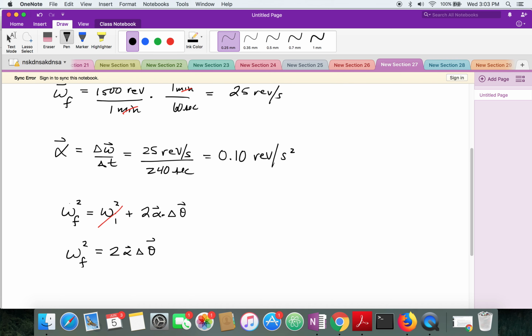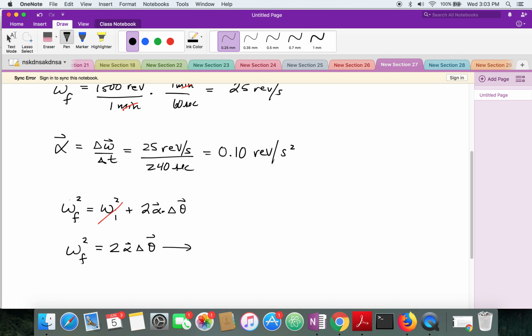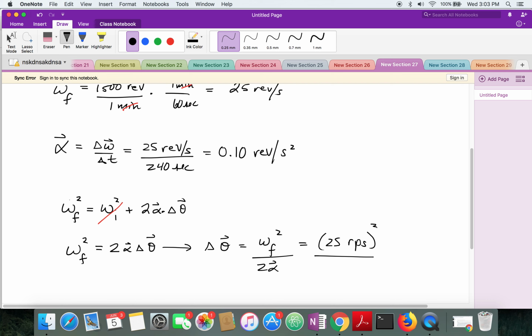We want delta theta. So if I divide both sides by 2 alpha, the angular displacement is omega final squared over 2 alpha. We know omega final is 25 revolutions per second, and alpha is 0.1 revs per second squared.